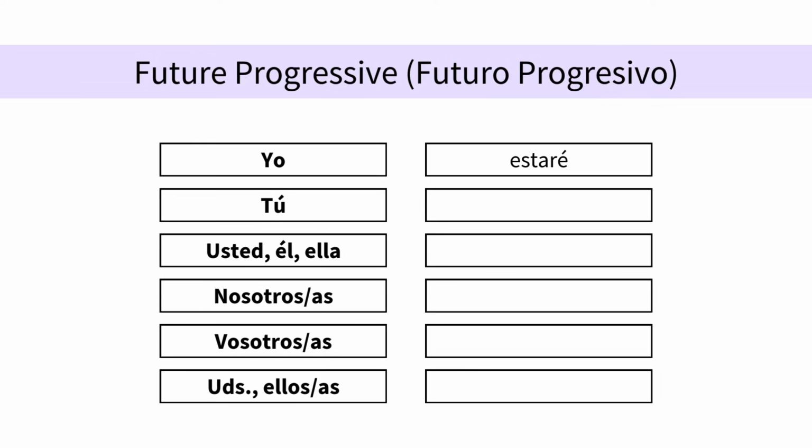For the future progressive, futuro progresivo, we'll use estaré, estarás, estará, estaremos, estaréis, estarán.